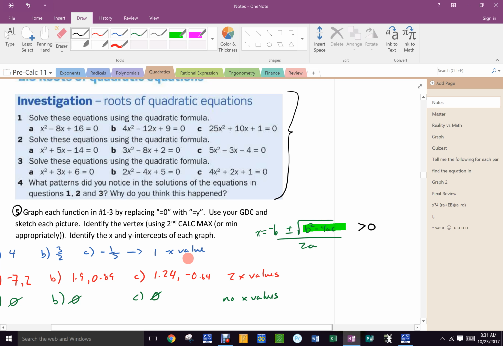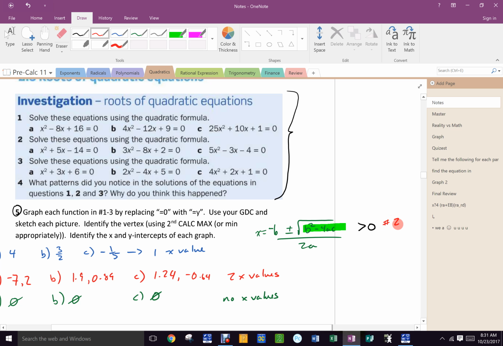Why? Every positive number has how many square roots? 2. So if this is positive, then there's going to be 2 values, isn't there? Great. Now, that covers the red.